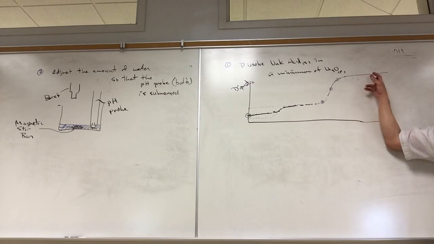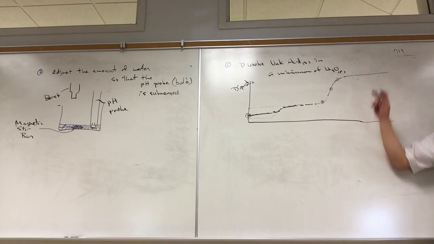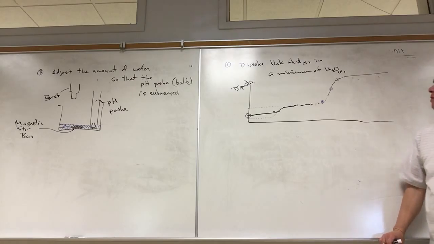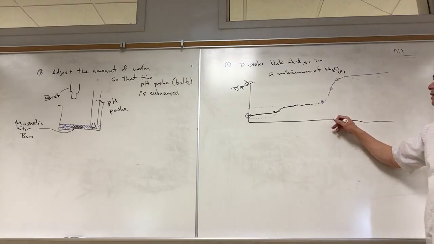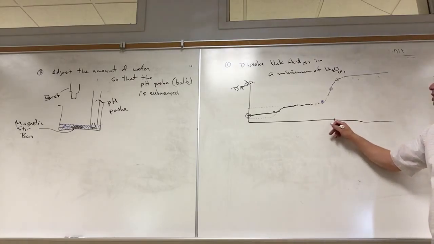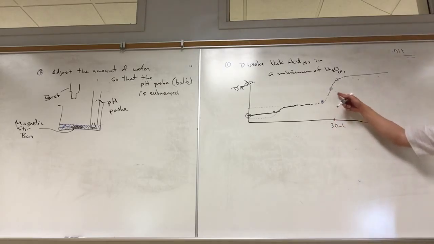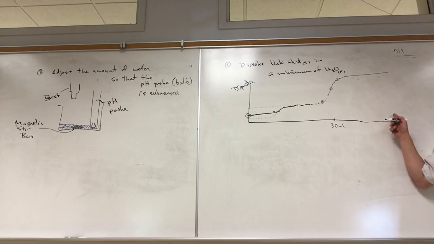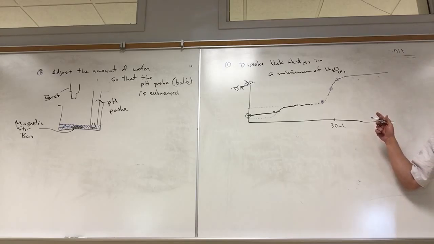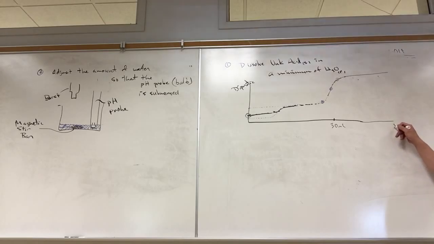We're going to keep going, 3 halves, double, whatever. And so we're going to try to hit this at 30 mils. If we hit the endpoint at 30 mils, then we can collect an additional 20 mils of data here. And so altogether we might use about 50 mils of titrant.